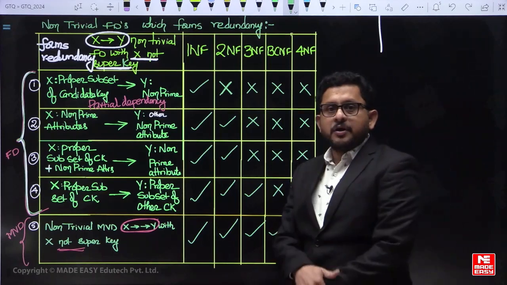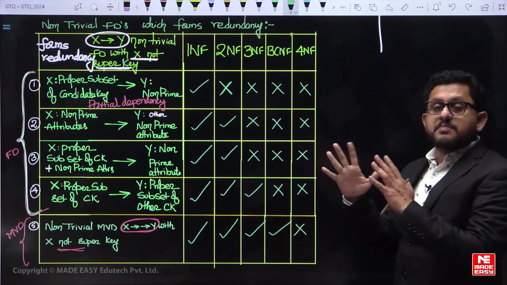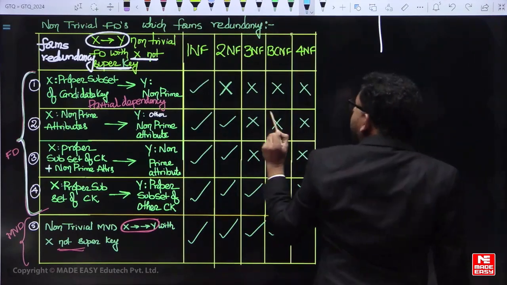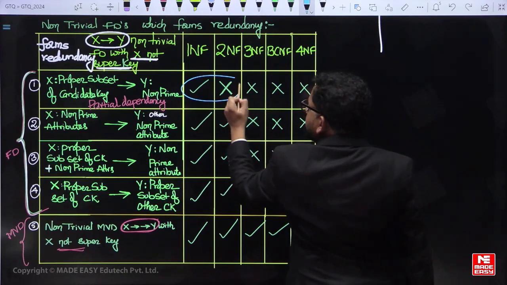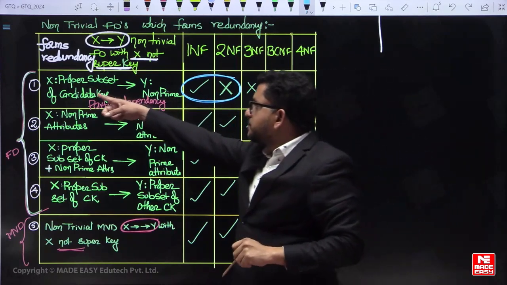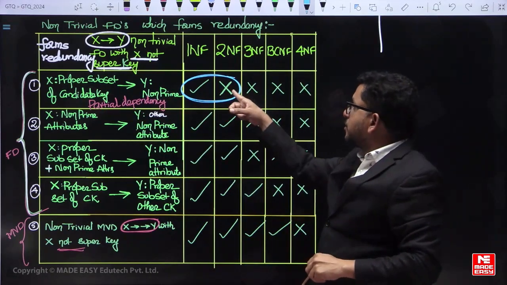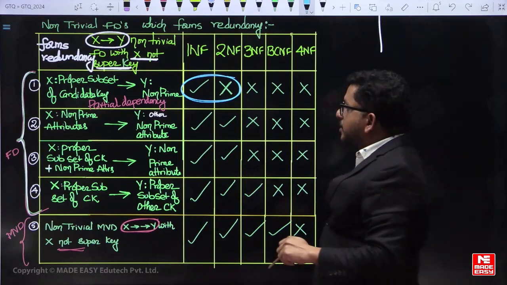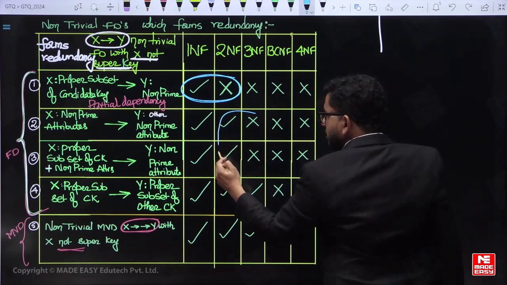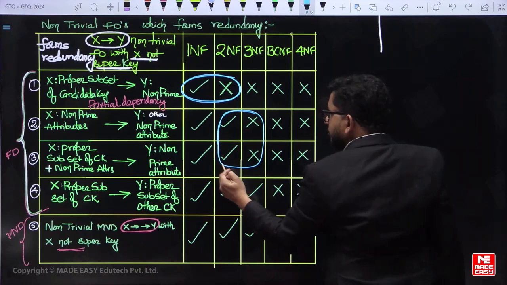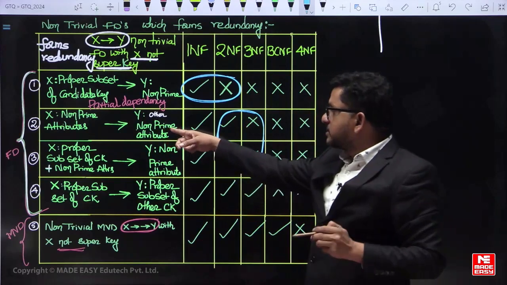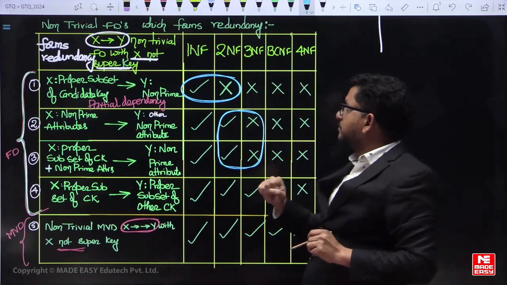This is helpful to differentiate one normal form from another for theoretical questions. The difference between 1NF and 2NF is this area only: in 1NF a proper subset of a key determining a non-prime is allowed, and in 2NF it is not allowed; the rest are similarities. The difference between 2NF and 3NF is this area: in 2NF a non-prime determining some other non-prime, which can cause redundancy, is allowed, but not in 3NF.